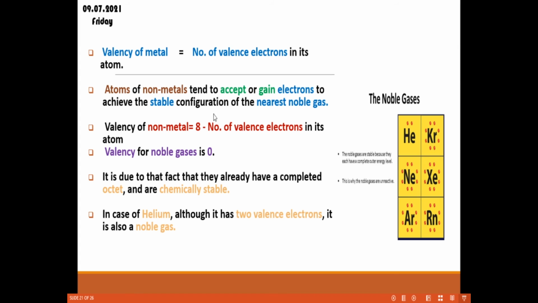So the valency of a non-metal is equal to 8 minus the number of valence electrons in its atom. For example, nitrogen, atomic number 7. The number of valence electrons is 5, so 8 minus 5. Only for non-metals you do it like that. So 8 minus 5 we get 3. So the nitrogen valency is 3.